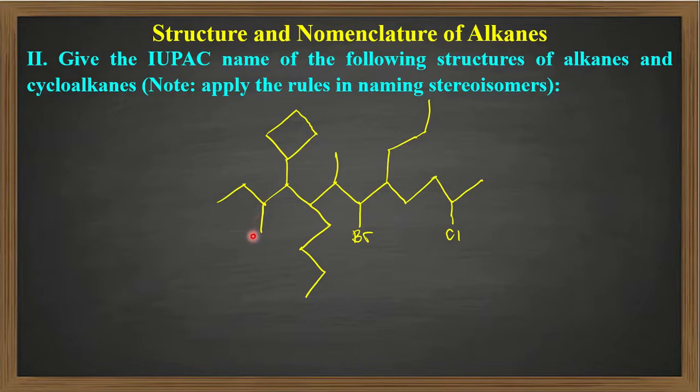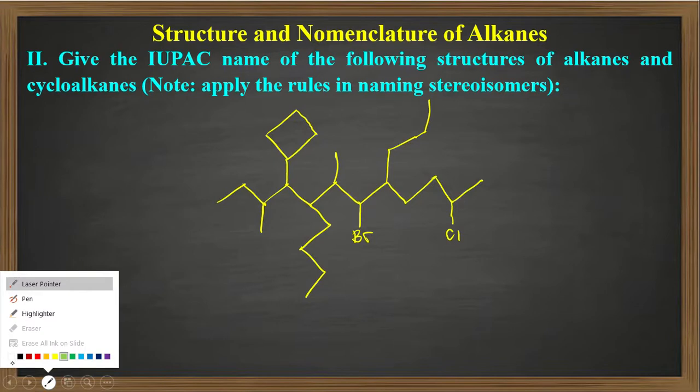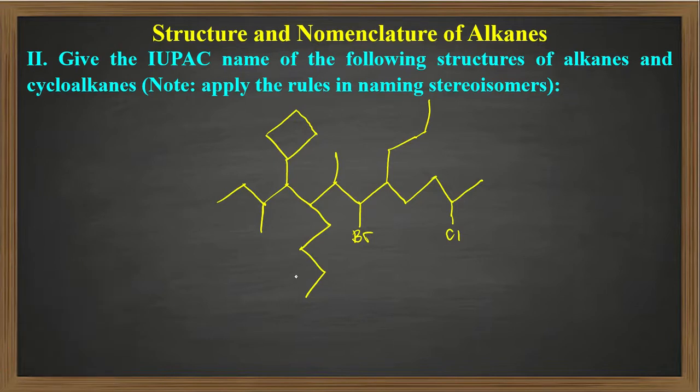Now, where should we put our carbon number 1? Okay, let's have a trial and error first. If we put carbon number 1 here, the nearest substituent will be in carbon number 3. However, if we put carbon number 1 here, the nearest substituent will be in carbon number 2.